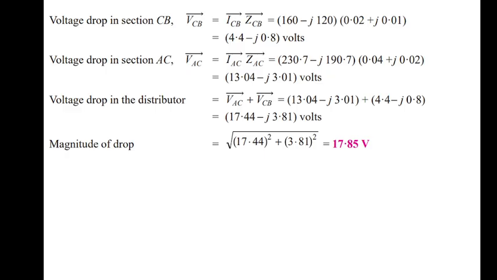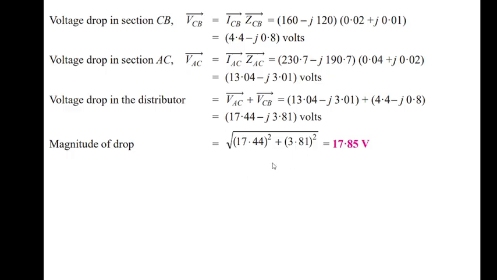These individual voltage drops are then added vectorially to obtain the total voltage drop across the entire distributor. Finally, the magnitude of the total voltage drop can be calculated using the square root of the sum of the squares of the real and imaginary components.